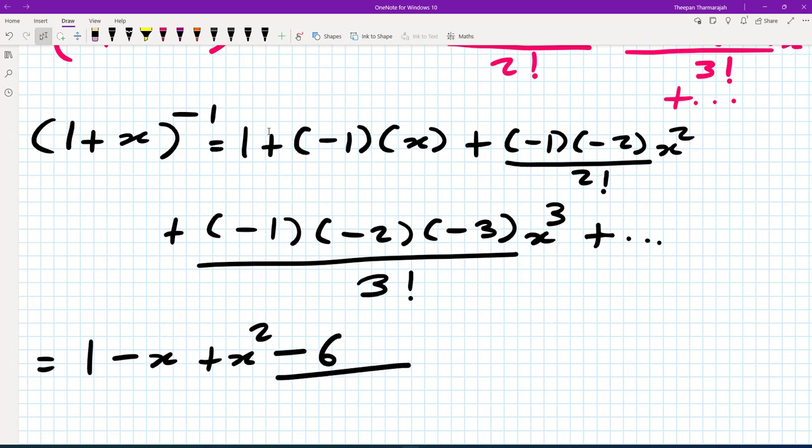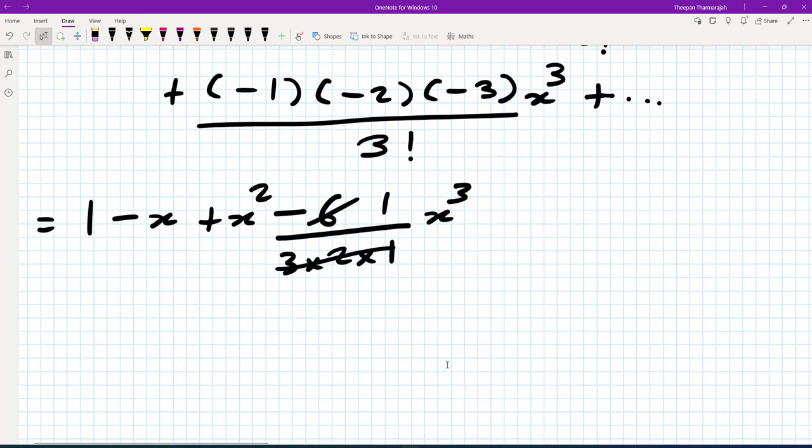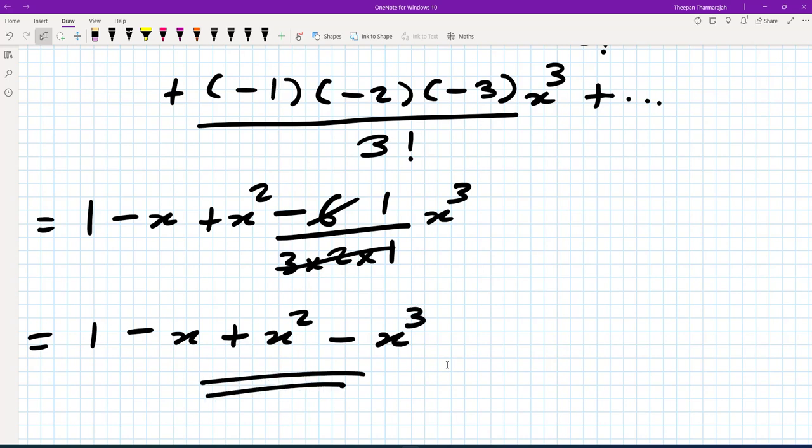But don't forget, 3 factorial means 3 times 2 times 1, and then we've got an x cubed. So we can cancel these terms out like so, and we end up with 1 minus x plus x squared minus x cubed, which is our series, plus other terms. We can't forget that.